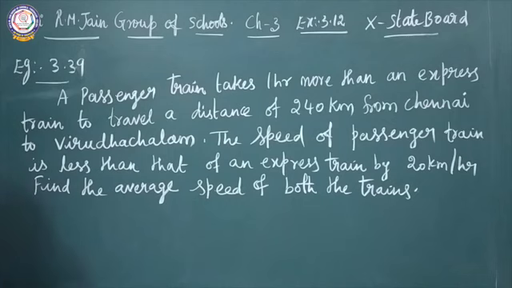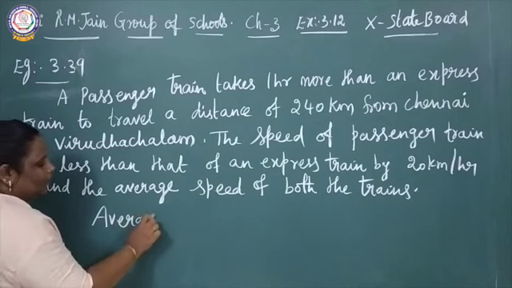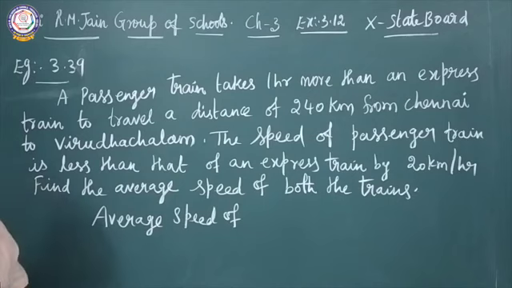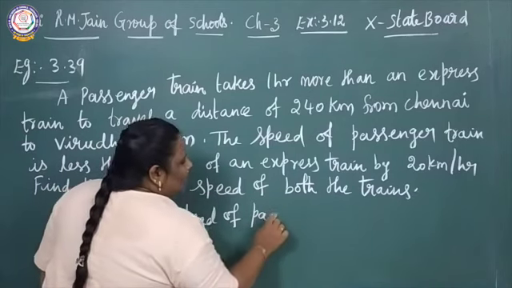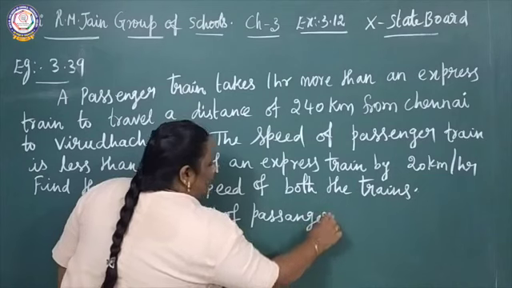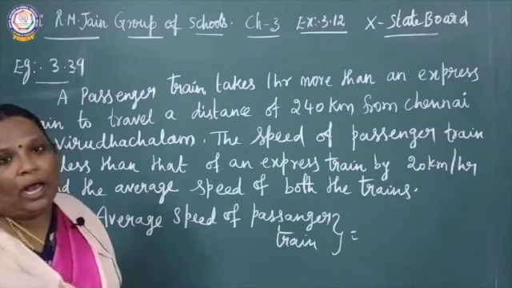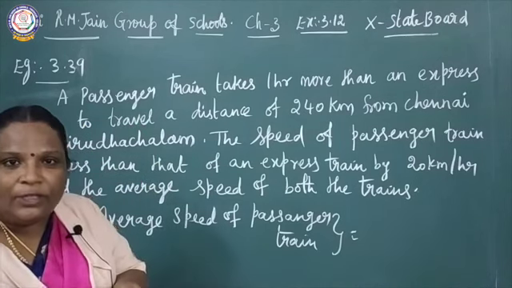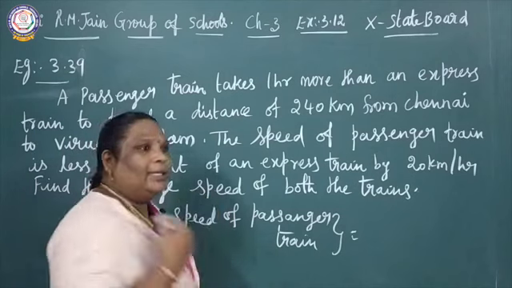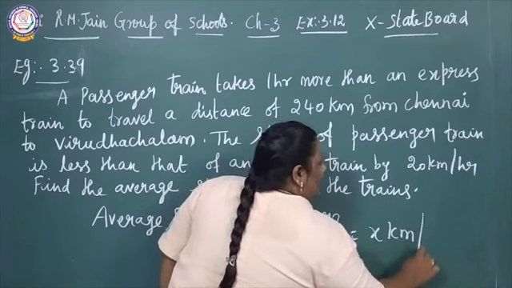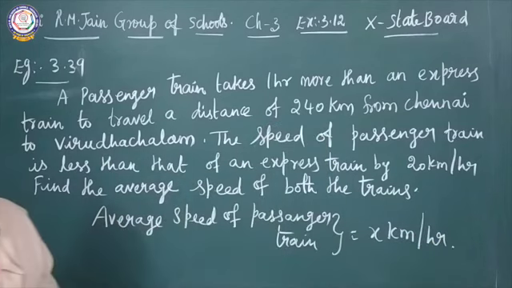See here, the first one is the passenger train. Take the average speed of the passenger train as x kilometer per hour, because speed's unit is kilometer per hour and the distance unit is kilometer. Next, the express train.